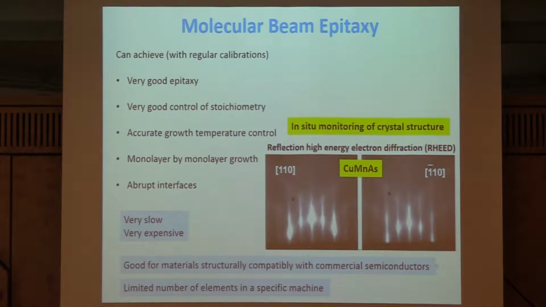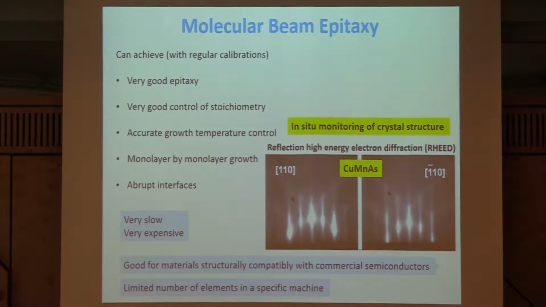But generally, molecular beam epitaxy is very good if you want good epitaxial crystal quality. In all our applications, we're always thinking about thin films. If you want to make electronic devices, ultimately you want thin films.